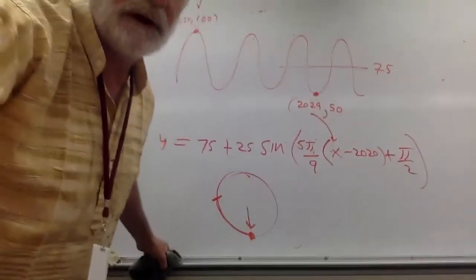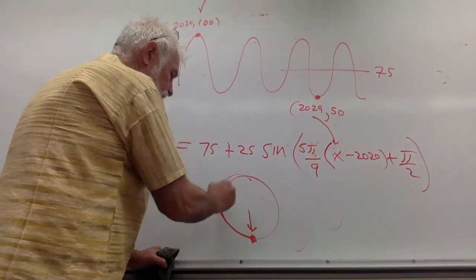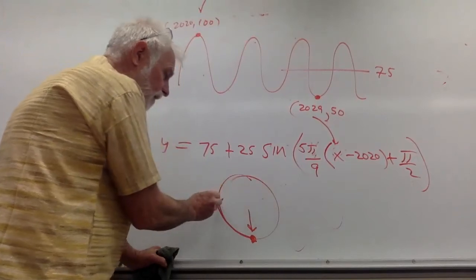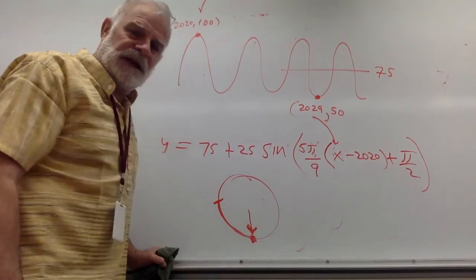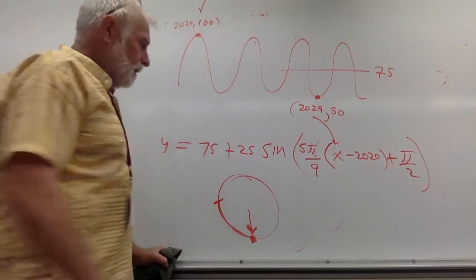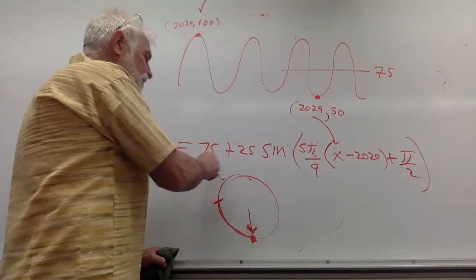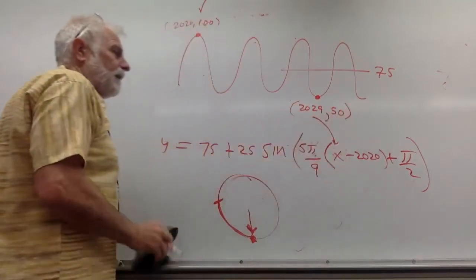Sorry, folks. So again, 1 pi, 2 pi, 3 pi, 4 pi, 5 pi is right here. And another 90 degrees puts me there. And what is the value of the sine function? Right there. Minus 1. Minus 1 times 25, minus 25 plus 75. Oh, yes, 50. Let's get that parentheses in there.